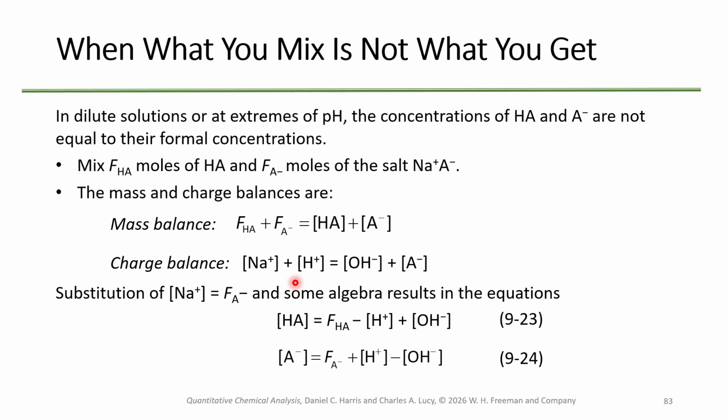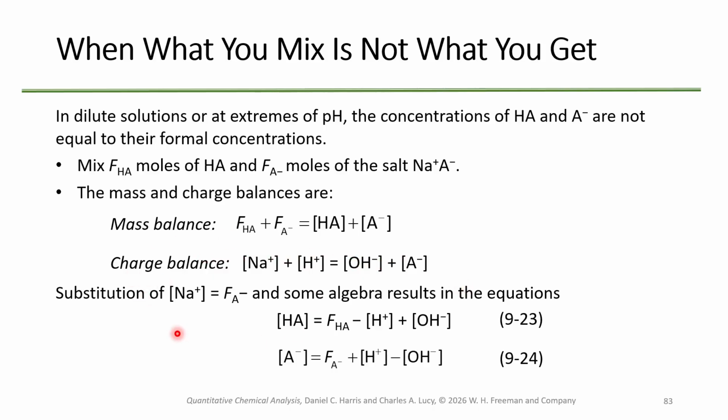Now, keep in mind, in dilute solutions or extremes of pH, the concentrations of HA and A minus are not going to be equal to their formal concentrations. They're going to be significantly different. Okay? And so if we mix formal concentration moles of HA and A minus of the salt Na plus and some anion, which is a strong electrolyte, the mass and charge balances are going to be this equation right here. So the formal concentration plus the formal concentration of the A minus equals these concentrations added together. Okay. The charge balance is going to be this, and this is just all the charged species, right?